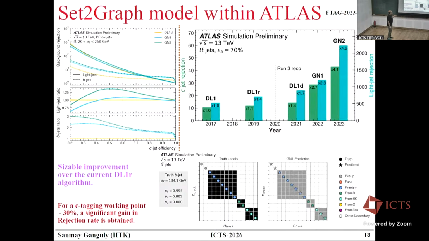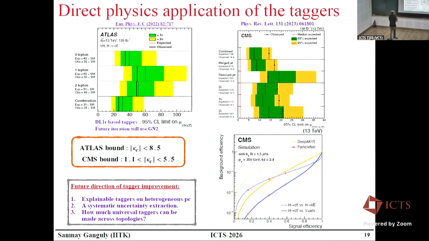From this graph, at a particular tagging efficiency, you compare against the previous deep neural network based tagger to see how much enhancement came from this new architecture based on a graph neural network. Once this was confirmed to be working pretty well, we looked at the physics impact.